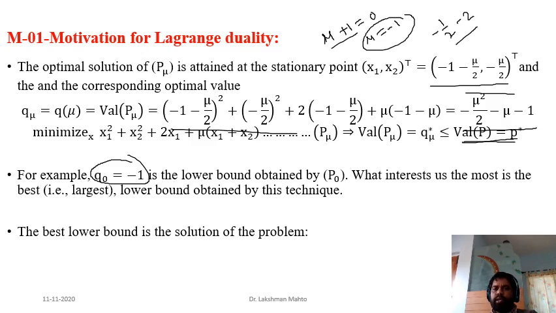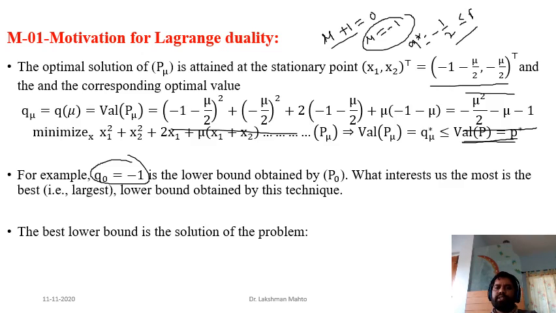So -1 and +1 cancel out, and you have just negative half. So the value of q star is negative half, and it is always less than or equal to p star.